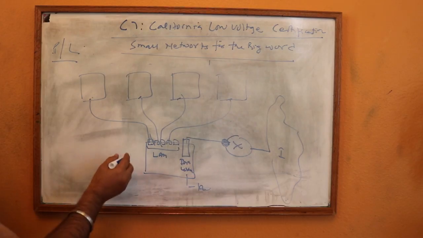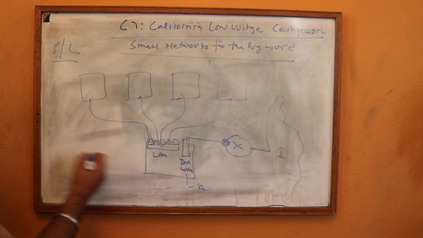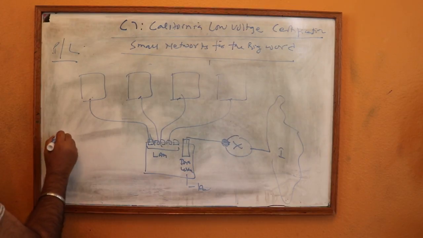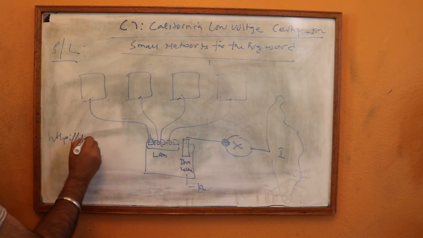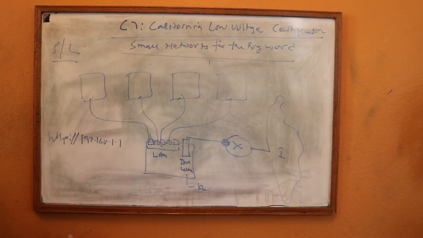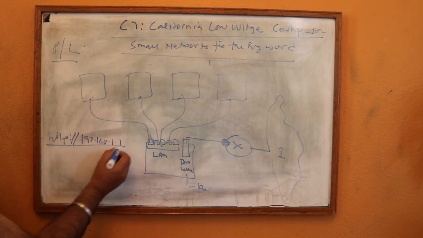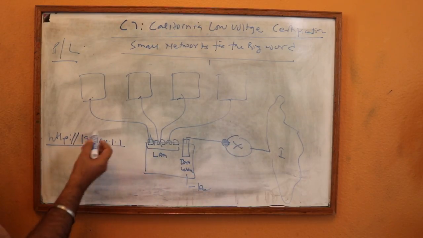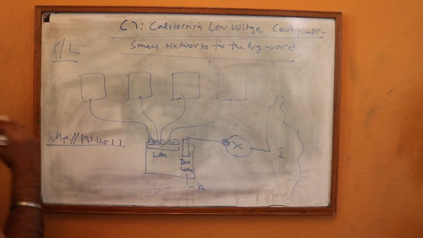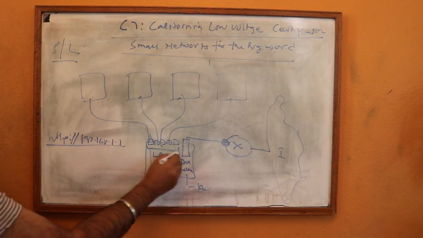When you plug this in, the user manual will say http://192.168.1.1. Most of the time it is like this. What they want you to do is log onto an internet browser, Firefox, Safari, or whatever you want to use, and log onto this, which will open the configuration of this particular router.